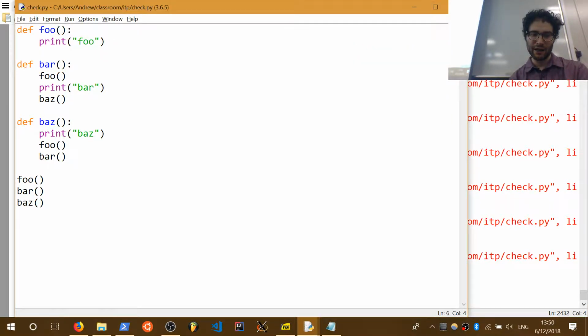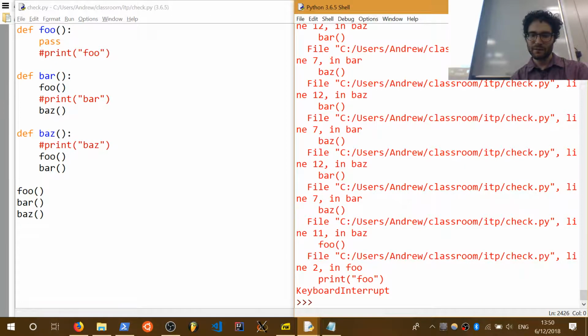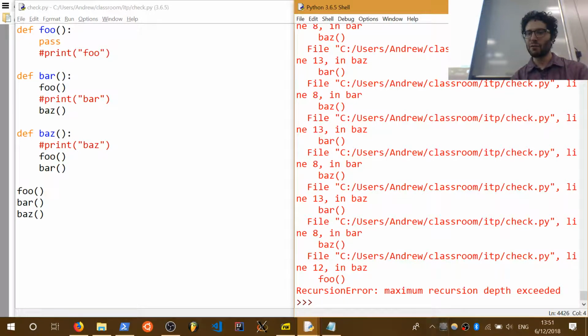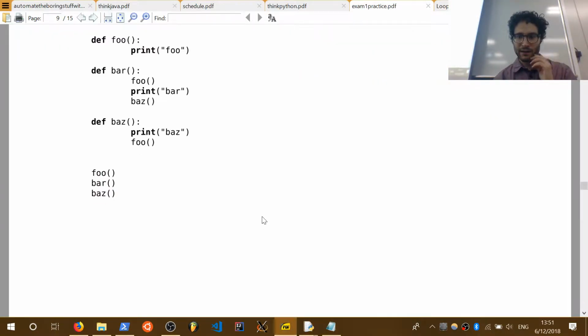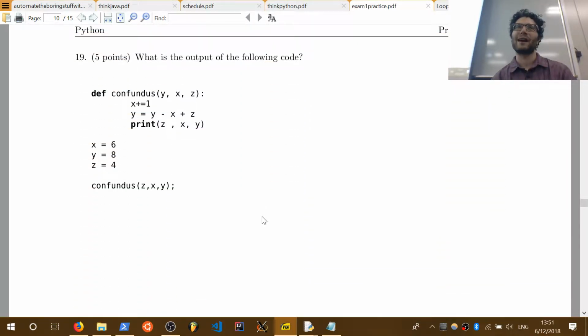I'll go ahead and remove the function calls to show you the print statements, but eventually it gives me an error saying that we basically went too far into recursion. Essentially, there's a certain depth that you can reach by having functions call functions. So there's a certain amount of depth that you can hit.